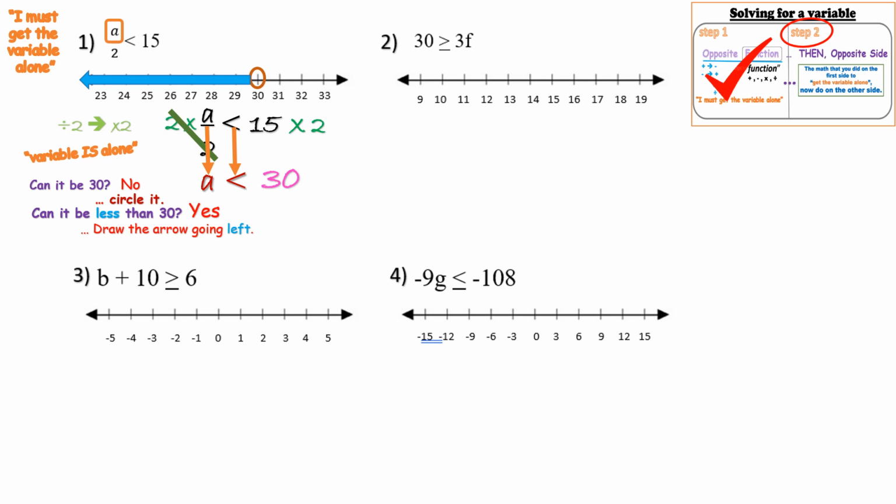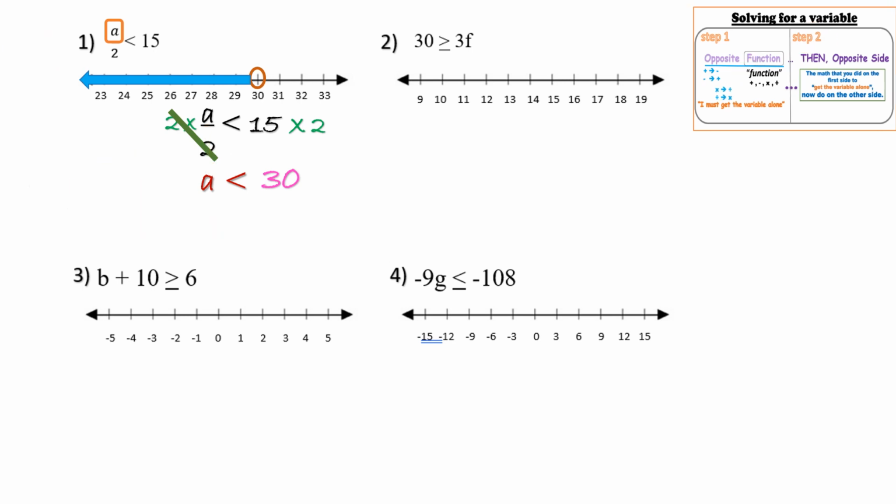So then we go to number 2. Number 2, if I was reading it, says 30 is greater than or equal to 3 times f, or 3f. Remember, any number touching a variable, that would be a coefficient and a variable together, means to multiply. So we go through our exact same steps. I know I need to get my variable alone.